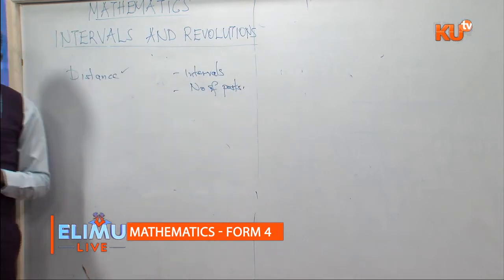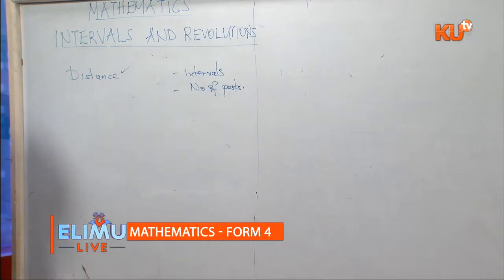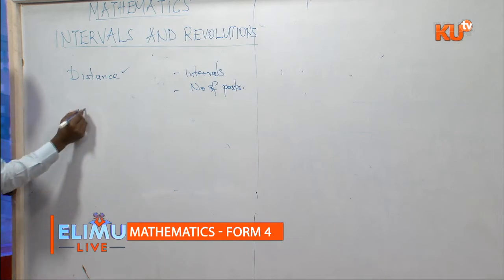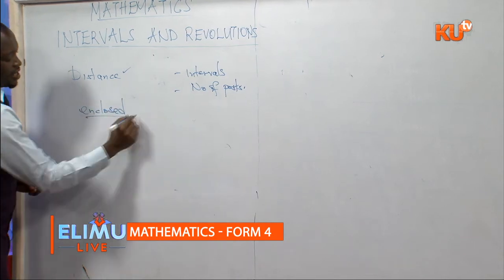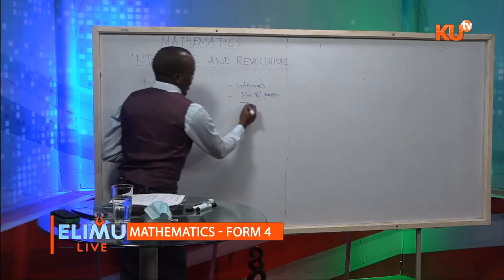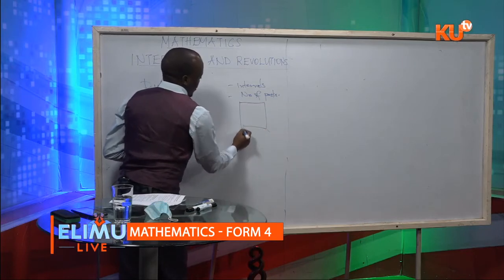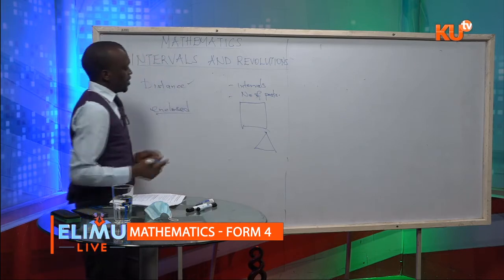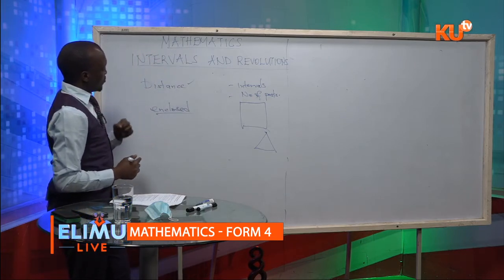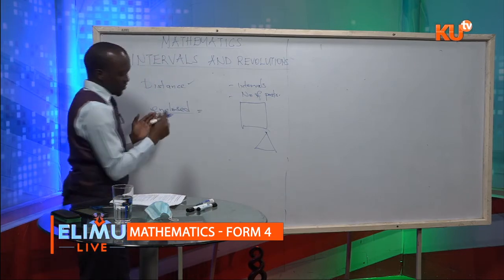So the question would be, what was the distance? We shall start again with the distance for an enclosed field. A figure that is enclosed could be rectangular. It can take any shape. It can be triangular. It can be circular. So we want to get the formula for the distance for an enclosed one.